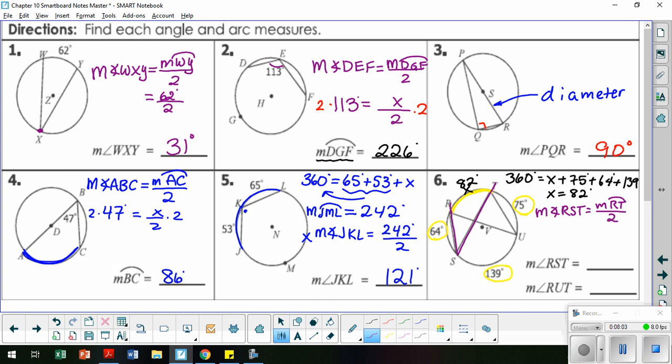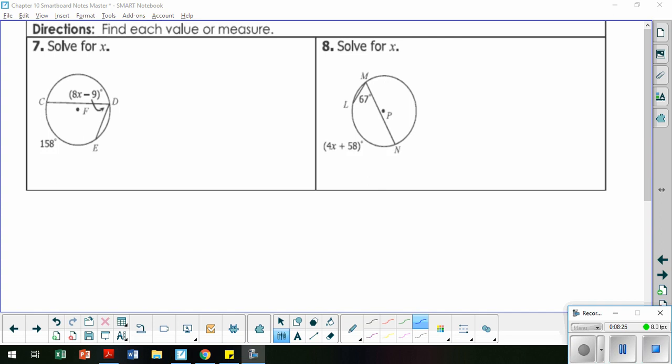We have the arc, so it's 82 degrees divided by 2, which gives us 41. And then if we look at our UT, it ends up cutting off the same arc, so it's 41 degrees.